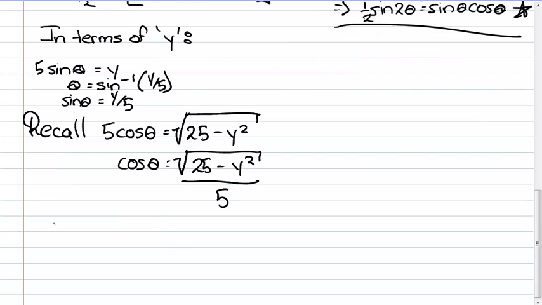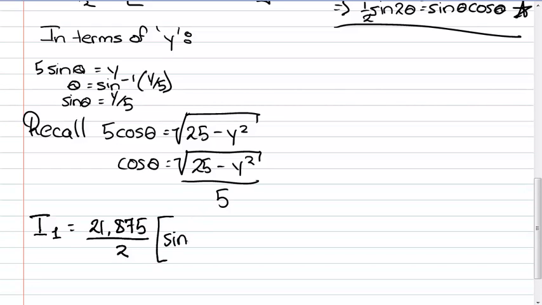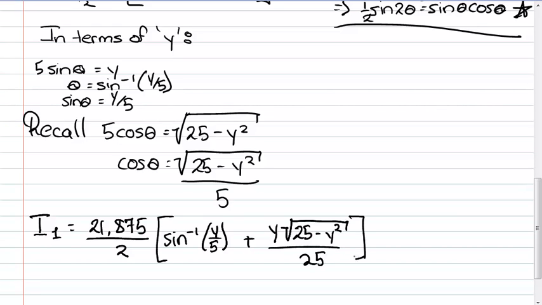When we plug all this back into our final answer, we're going to have, let's call it I1, equals 21,875 divided by 2 times (sine inverse of y over 5 plus y times the square root of 25 minus y squared over 25), all evaluated from 0 to 5.